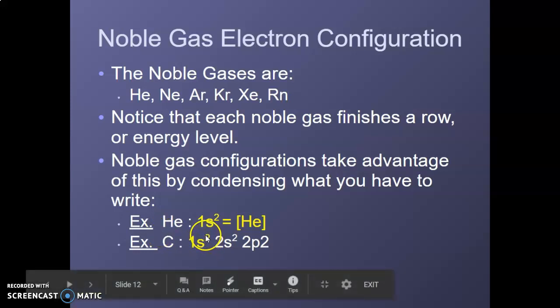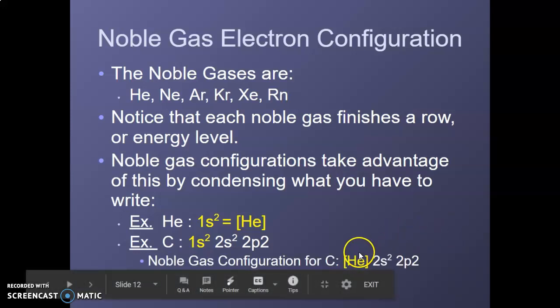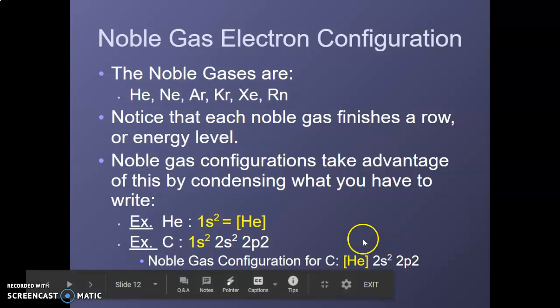Because carbon has this 1s2 in it, and we know that 1s2 is equal to bracket helium, we can do a little substitution here. And we can say that the noble gas configuration for carbon is bracket helium, 2s2, 2p2. See how all we did there is a little bit of substitution. We substituted bracket helium for 1s2 to get bracket helium, 2s2, 2p2. By the way, that should be a superscript right there.